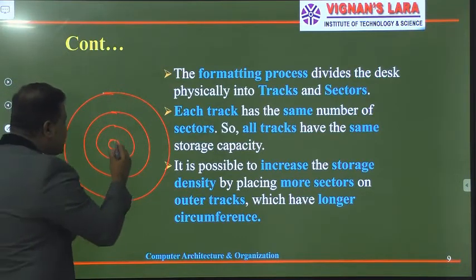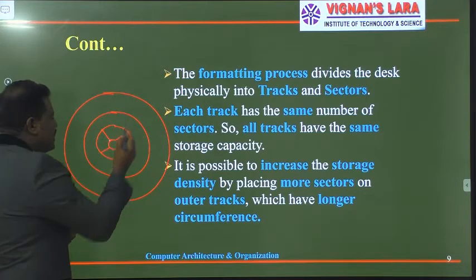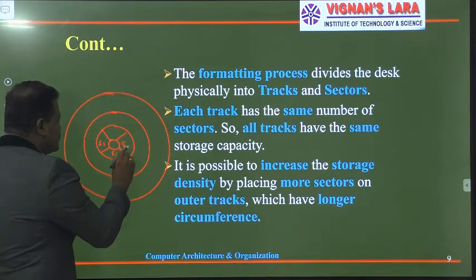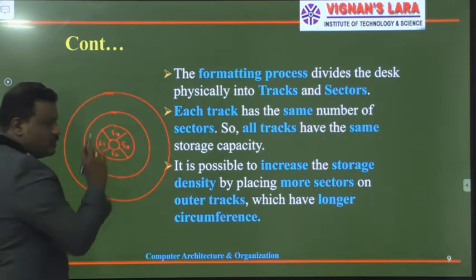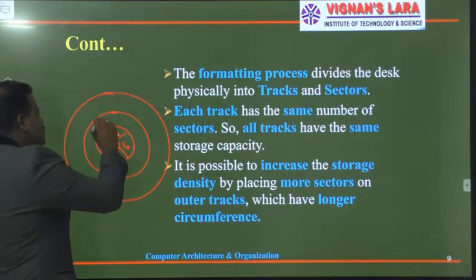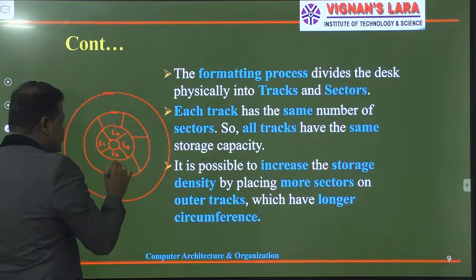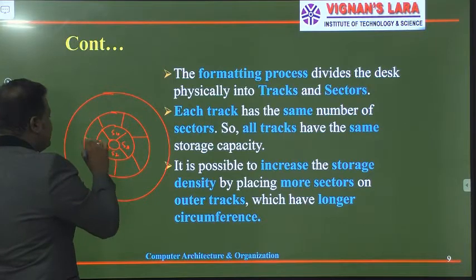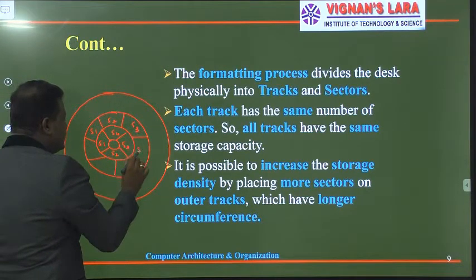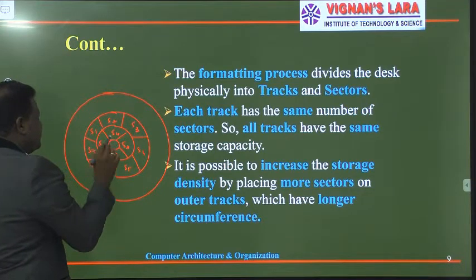For example, in the inner track I can incorporate like this: just 4 sectors, Sector 1, Sector 2, Sector 3 and Sector 4. If I come to the next track, I can increase its count. It may be like this: S1, S2, S3, S4, S5, S6, S7.